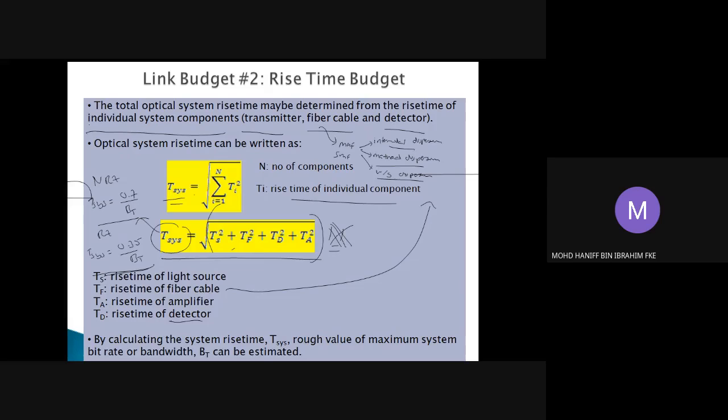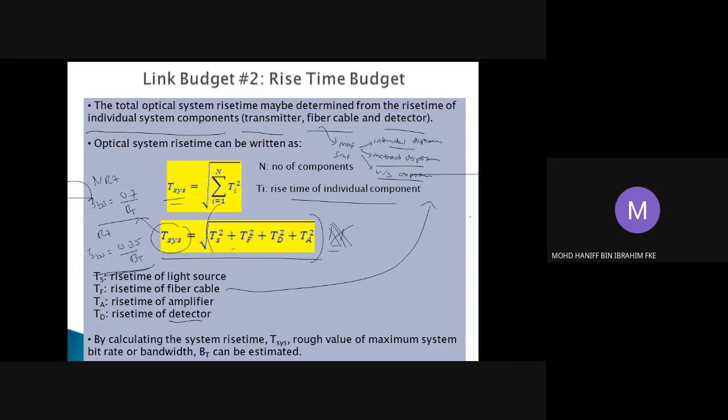By calculating the total rise time using this equation, we can know whether the bandwidth that we are designing is enough to cover our application. So that is what we have understood from this slide.